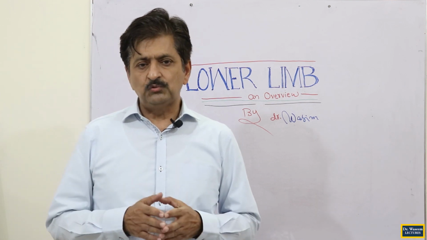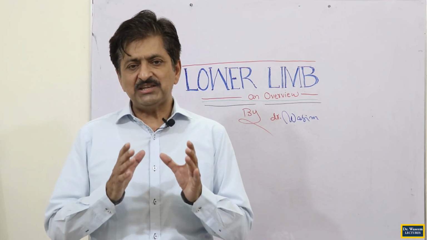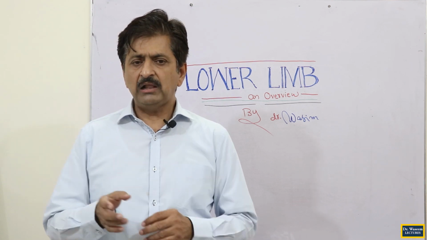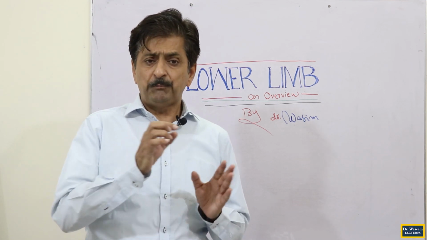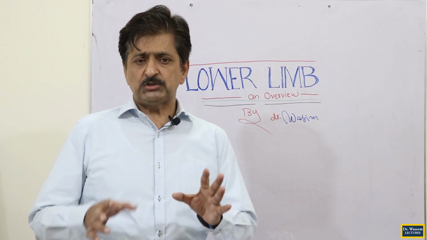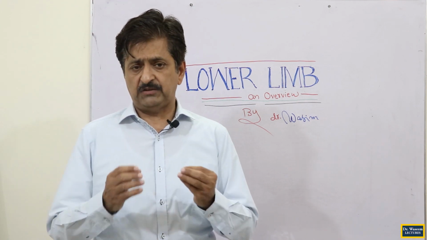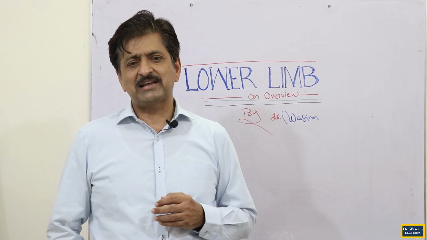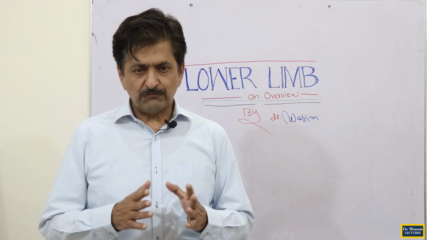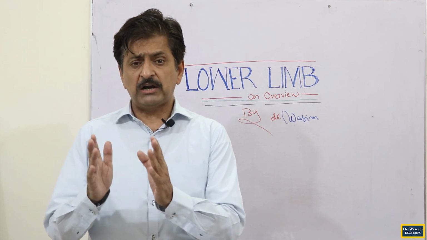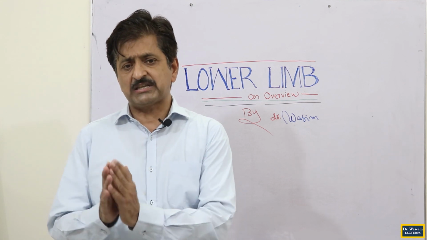Now, it is up to you whether you will take each compartment fully, all the 9 components of that compartment. For example, if you are taking the anterior aspect of the thigh, you have to take 9 components of that region.